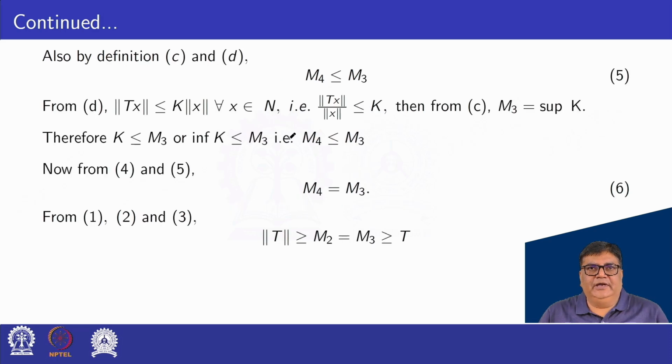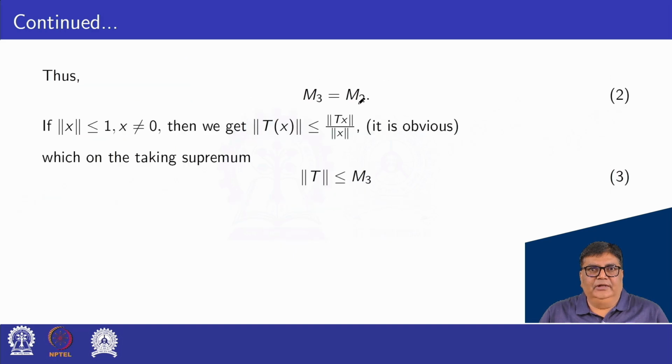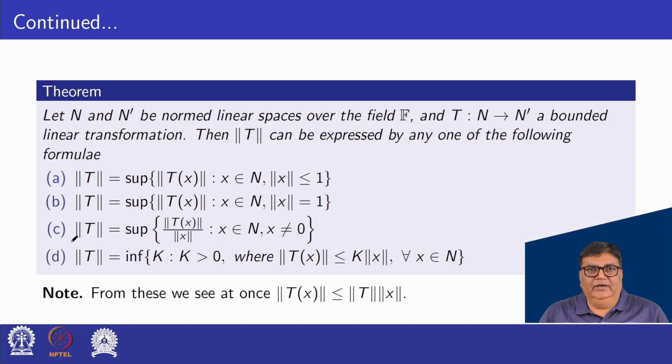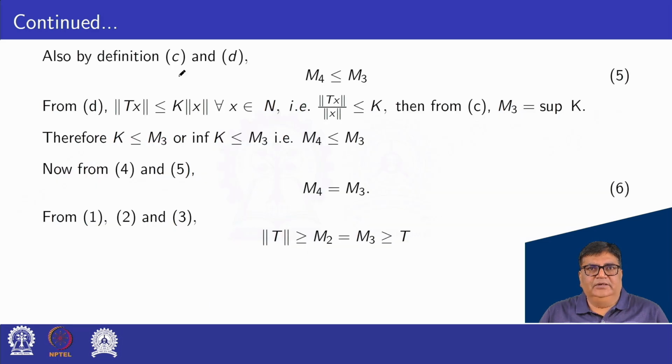Also by definitions C and D, M4 is less than or equal to M3. C and D are defined here: condition C is denoted by M3 and condition D is denoted by M4. So by conditions C and D, M4 is less than or equal to M3.